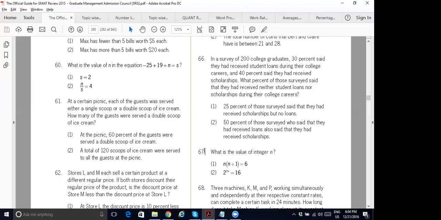How will you solve 67? What is the value of integer n when you know that the product of two consecutive numbers is 6? Okay, that's one. And the second one is 2 to the power of 2n is equal to 2 to the power of 4.